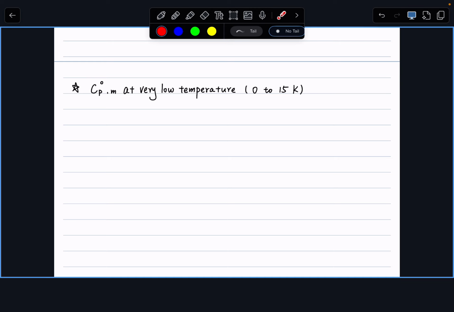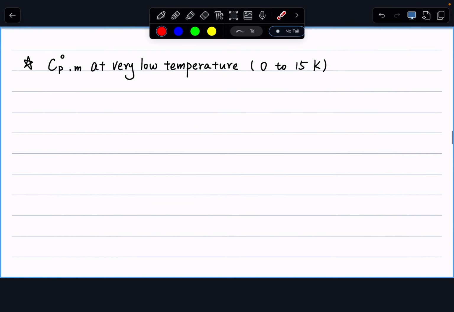So this part is something we can get by experimental measurement. So we're just going to focus on the low temperature isobaric heat capacity for now. So what does it mean?